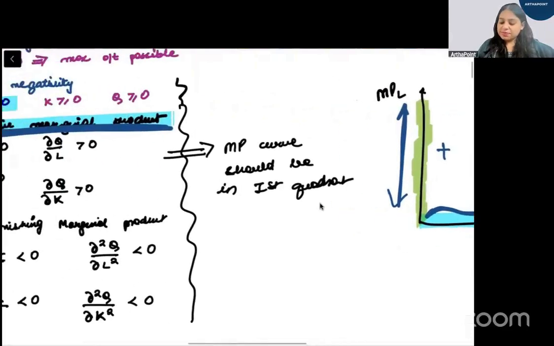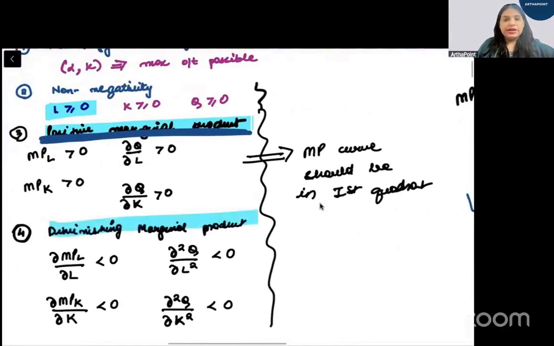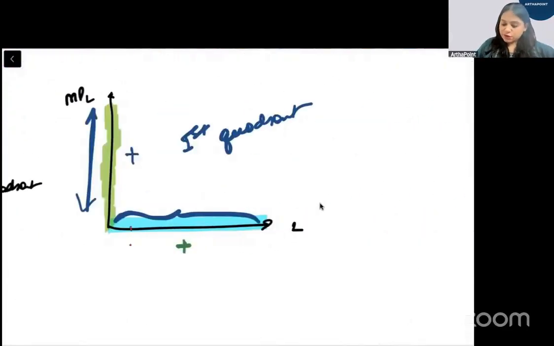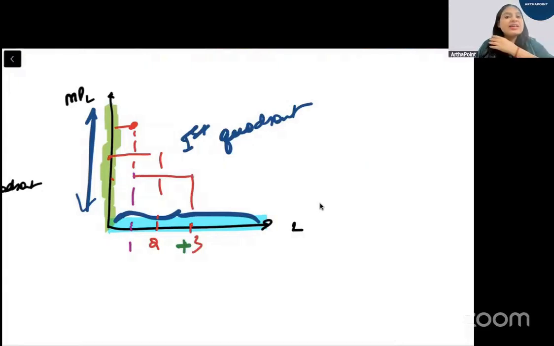Then it says that marginal product is diminishing. Diminishing means if the first unit of labor gives me some marginal product, then the second unit of labor should give less marginal product. The third unit of labor should give even less. So it means that as I increase the labor, the additional marginal product should decline.